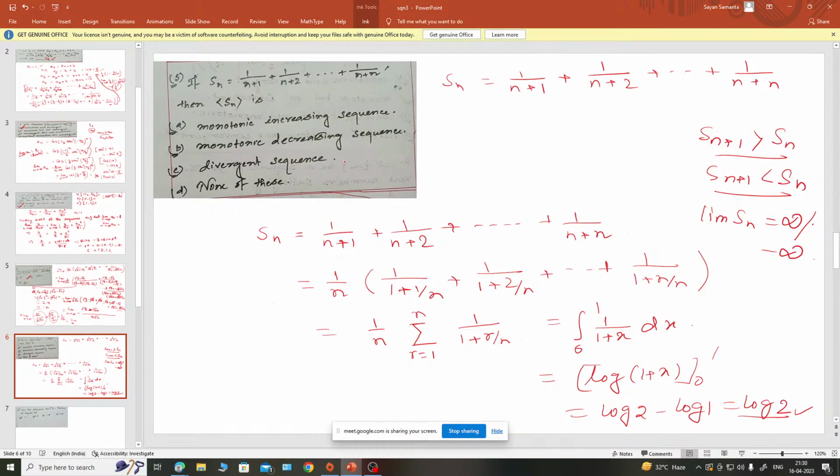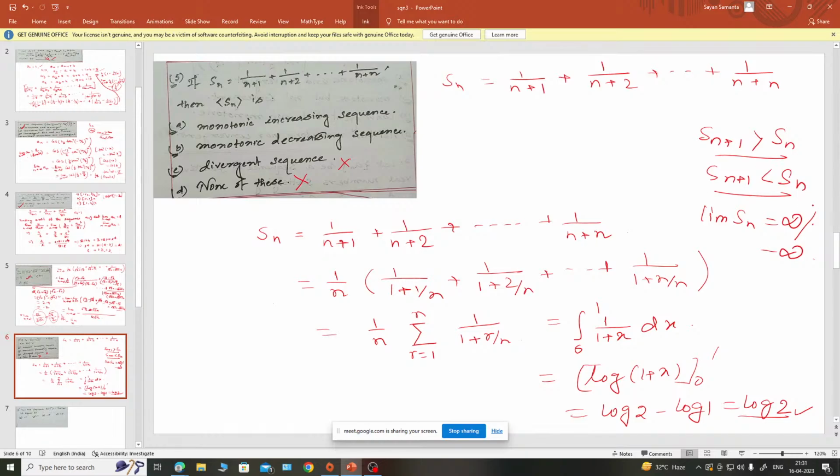So here divergent sequence is the discard option, and none of these is also discarded if this is monotone increasing or monotone decreasing. Any one option is correct. This is clear to everyone. So here we know that if xn plus 1 greater than xn, that is monotone increasing.